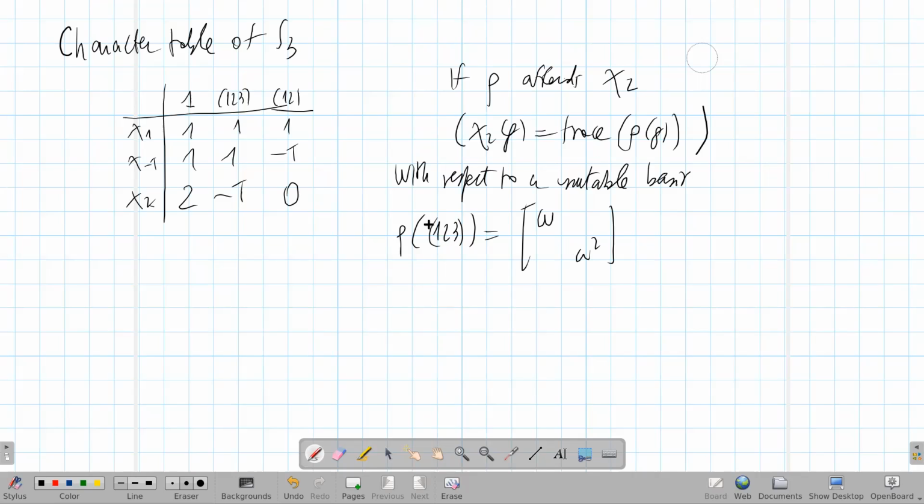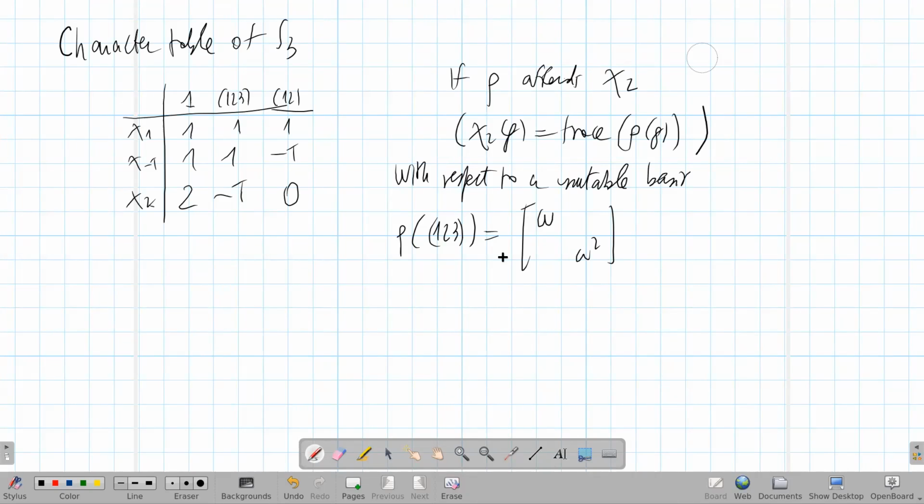Rho of (1 2 3) must be a diagonalizable matrix with eigenvalues which are third roots of unity. You know that the sum of the two eigenvalues, the trace, is -1. And then you see that the only possibility is that the two eigenvalues are omega and omega squared. So you take as basis the two eigenvectors.